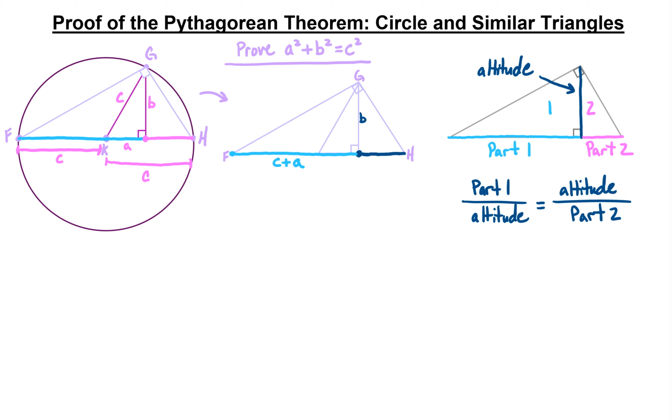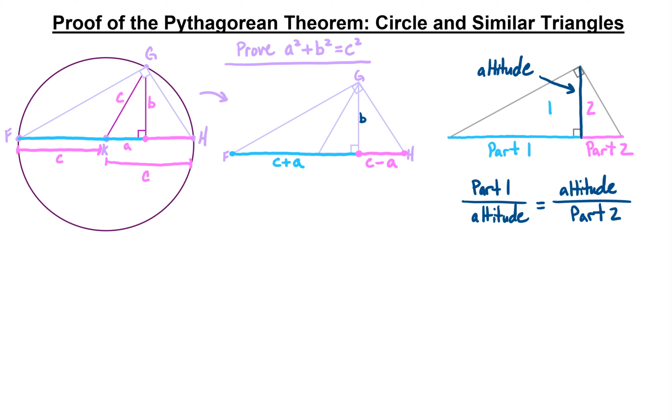So taking a look at what this is, it's the radius c minus this length a. So on ours over here in the middle, that's going to be the radius c minus the base of that triangle, a.